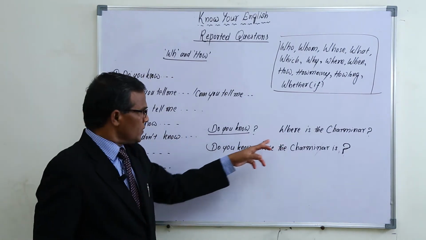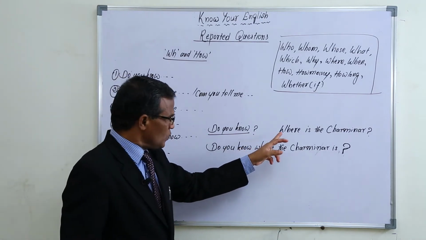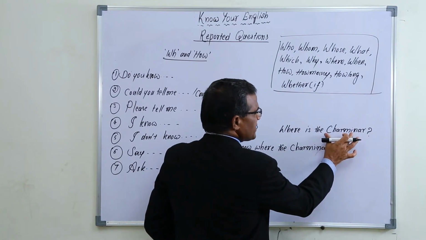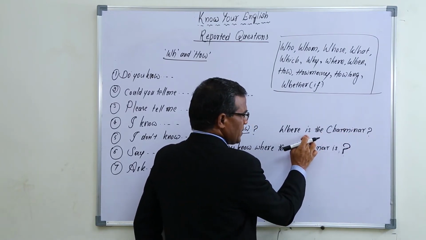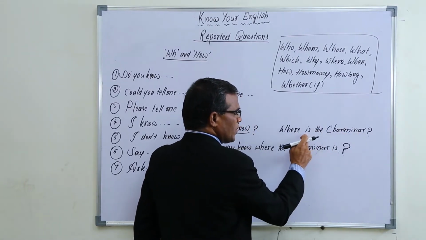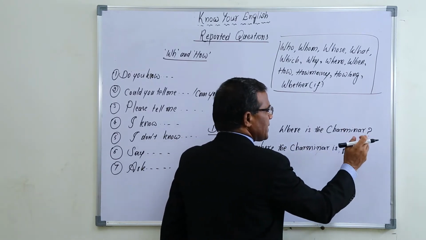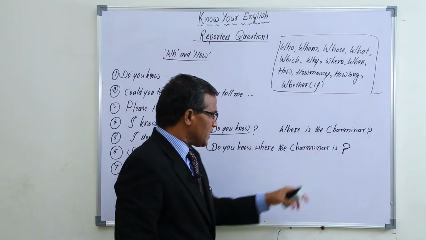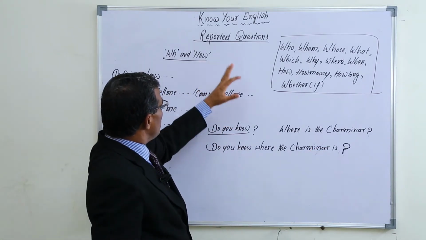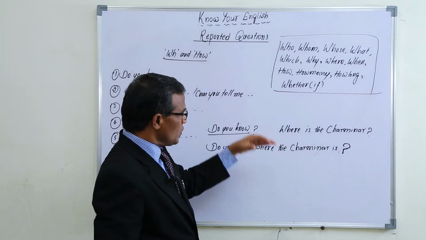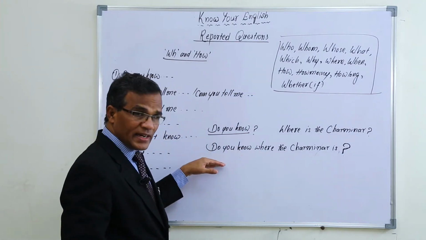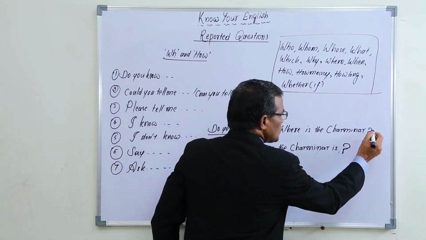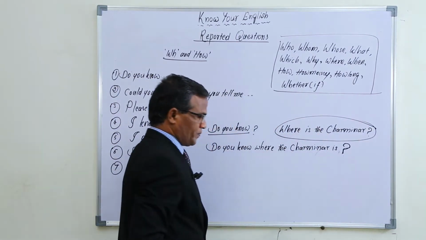Here, "Do you know" is a question, and in "Where is the Charminar?" the Charminar is the subject and "is" is the verb. As it is a question, the verb has come forward and the subject has gone afterwards, as it is in question form. But when we are using a reported question, when it is part of a longer sentence, this should change into statement form.